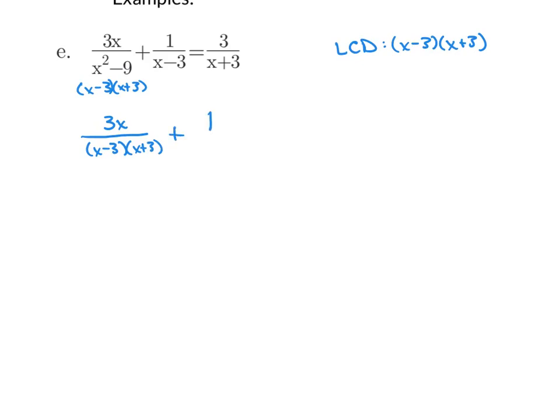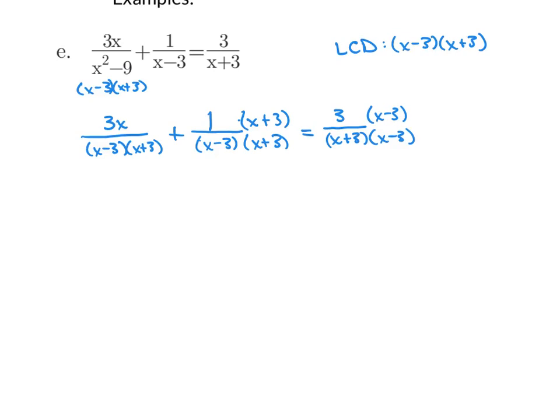Our second one, we are missing the x plus 3, so I'm going to multiply by x plus 3 to the top and bottom. And my last one, I am missing x minus 3. So I'm going to multiply by x minus 3 to top and bottom.